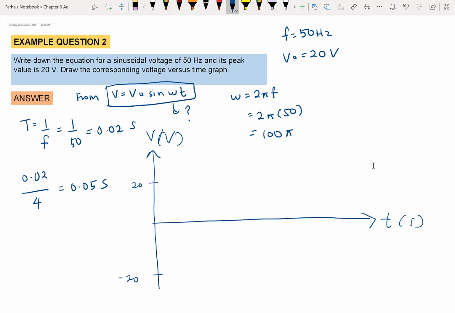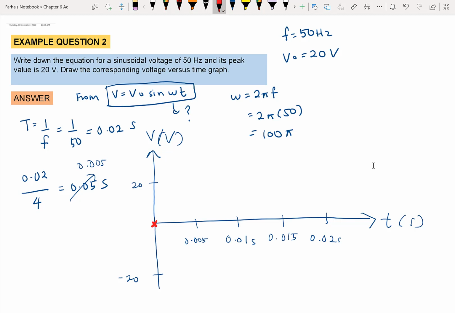The period is 0.02 second, divided into 0.01 second, 0.005 second, and this one is 0.015 second. At t equals 0, v equals 0.